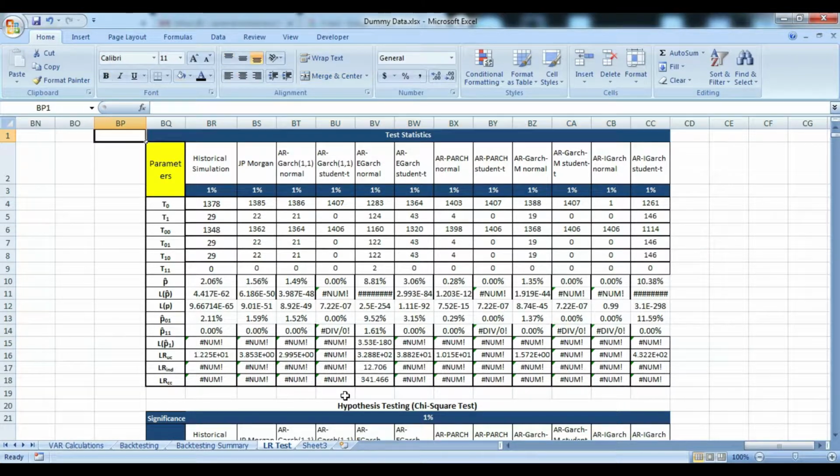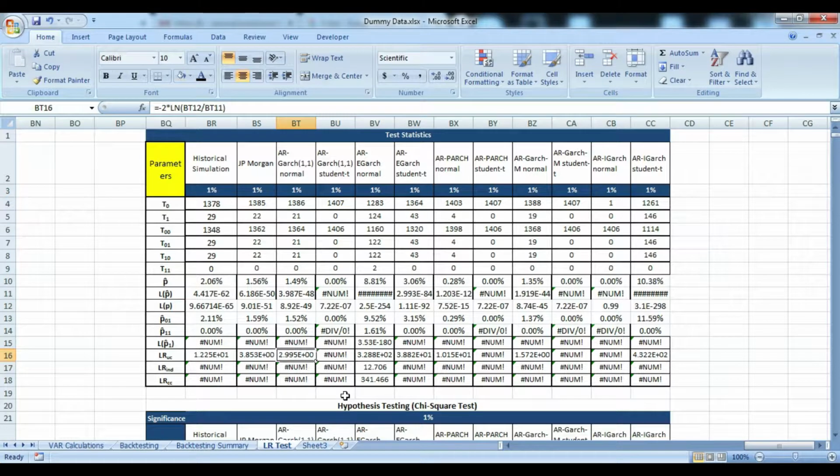So if you could remember, in our previous video we spoke about the test statistics of the LR test, or the likelihood ratio test. We have populated all the models over here, and then we have plotted the parameters side by side.